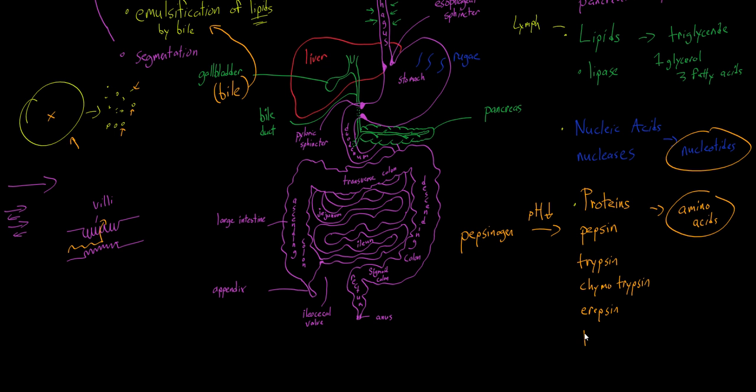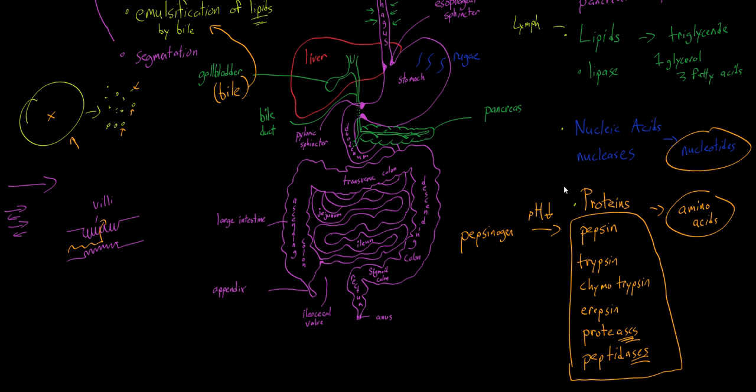And we have various proteases, which are enzymes that digest protein, or we can call them peptidases, which are enzymes that break peptide bonds, that hydrolyze peptide bonds. So you can see that for proteins, we have a much larger list of enzymes required.